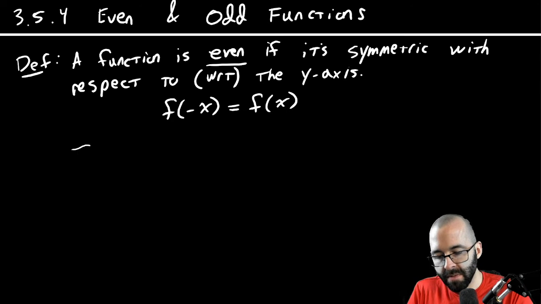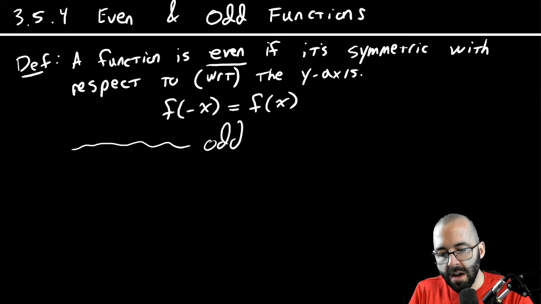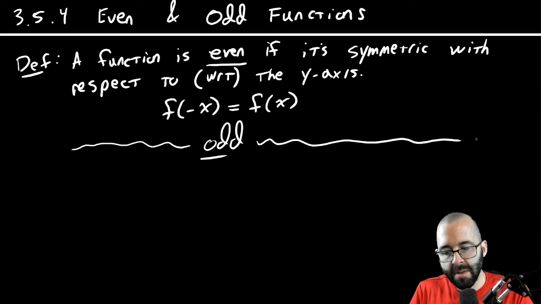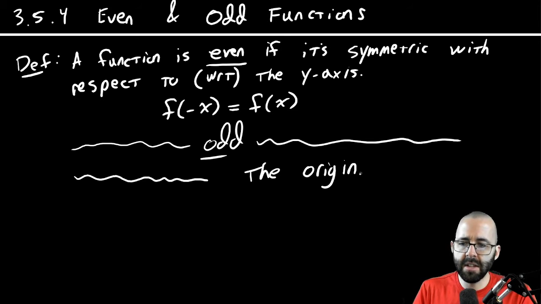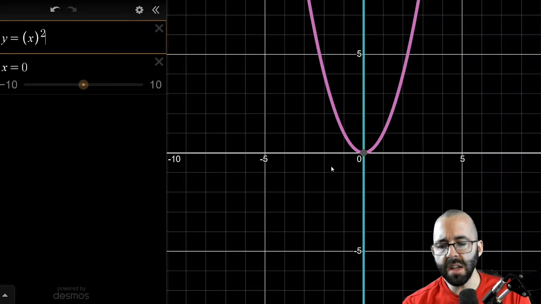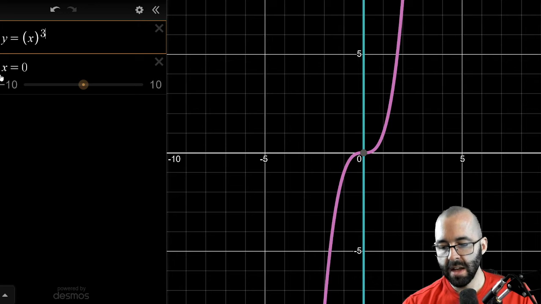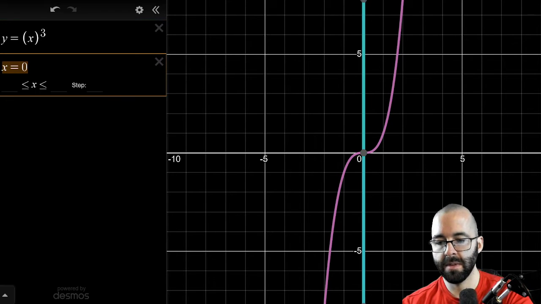Similar definition. A function is odd if it's symmetric with respect to the origin. Now that's a little harder to see. Well, let's look at Desmos. Let's look at some odd functions. X cubed, for example.